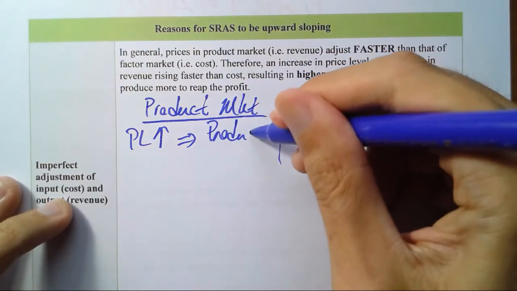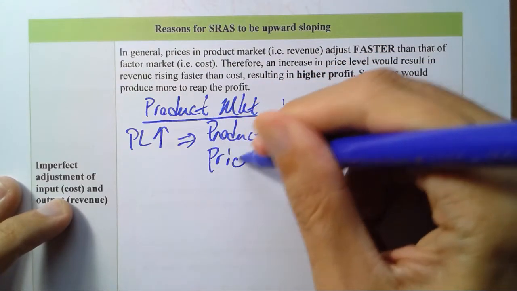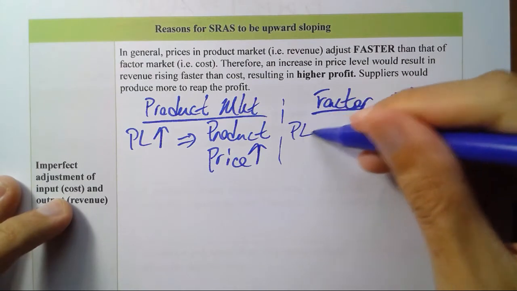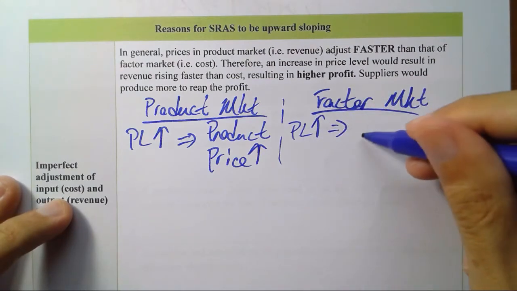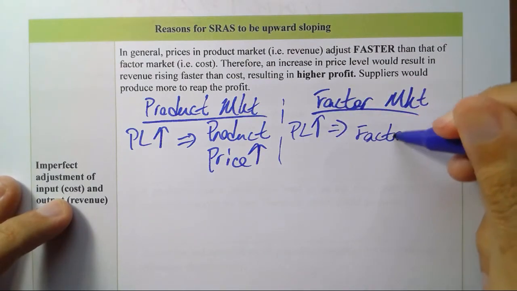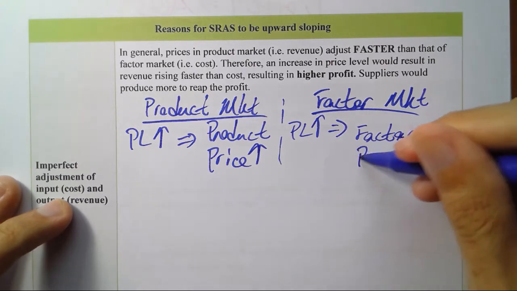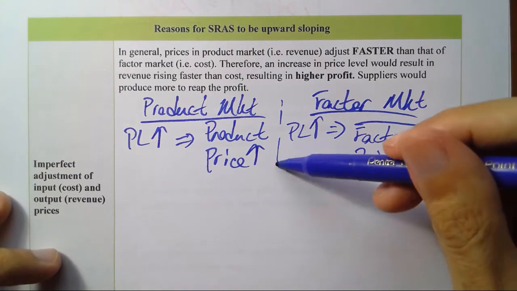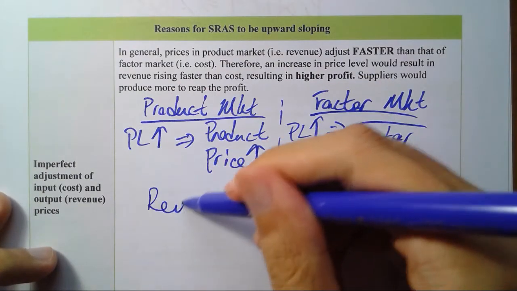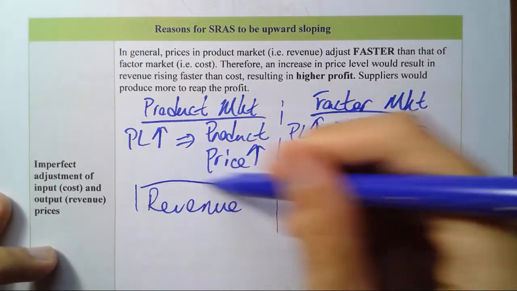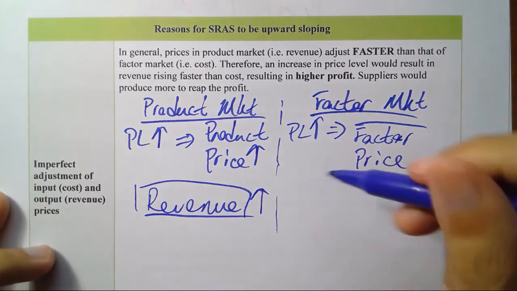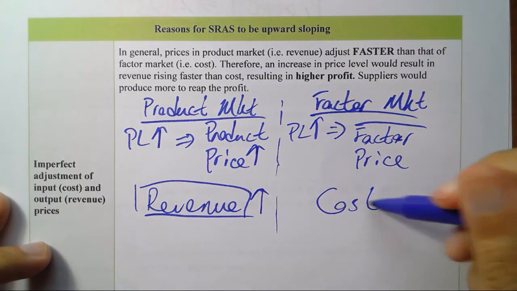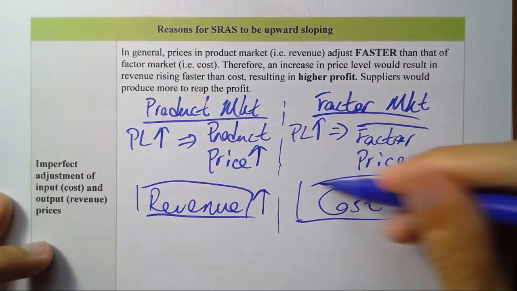Product price increase. Here, price level increases. Usually factor price remains unchanged. Now therefore, we know revenue would go up, but cost would remain unchanged.